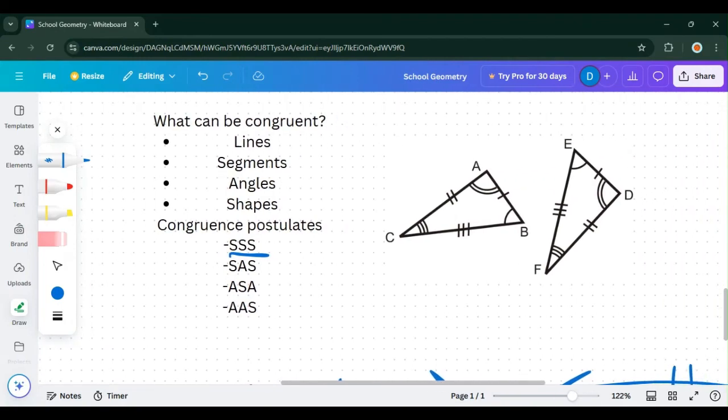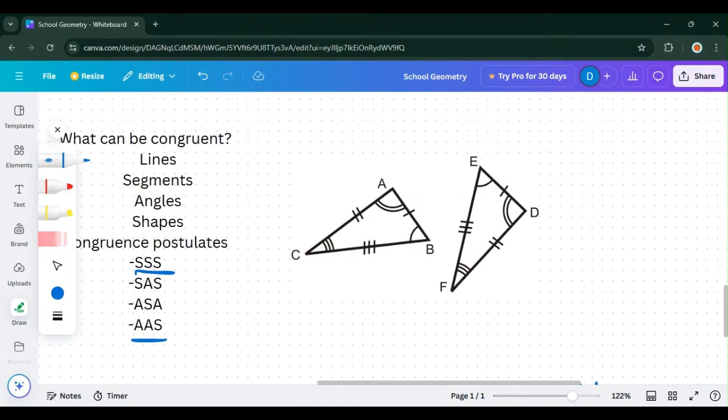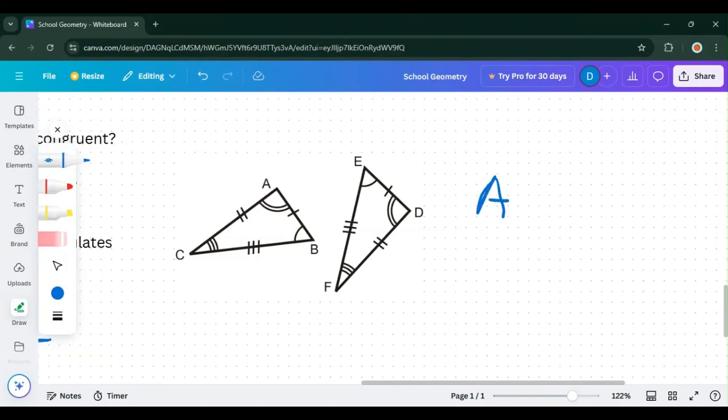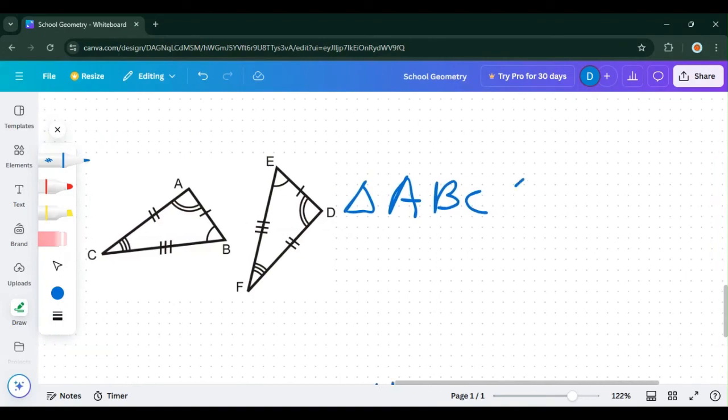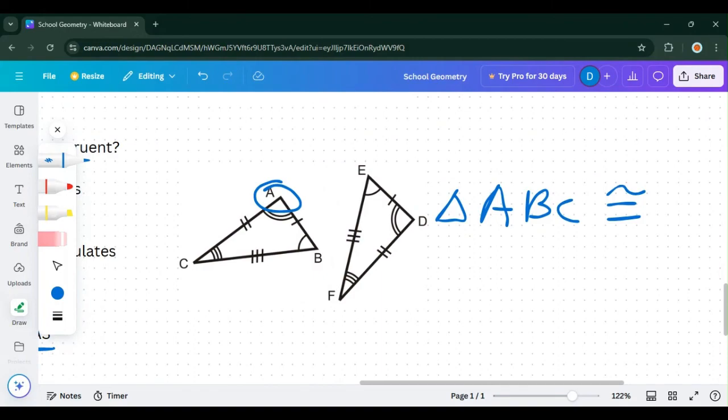And why we have to follow this order? So we have triangle ABC. Triangle ABC is congruent to, we start at angle A and we see that there are two congruency lines.